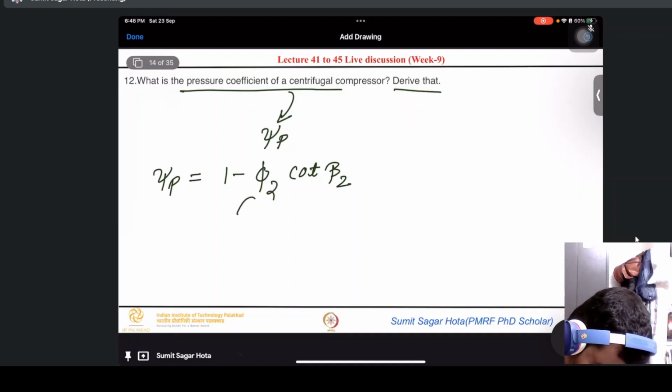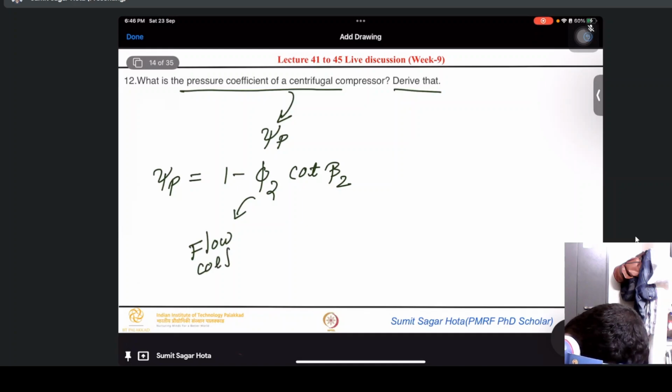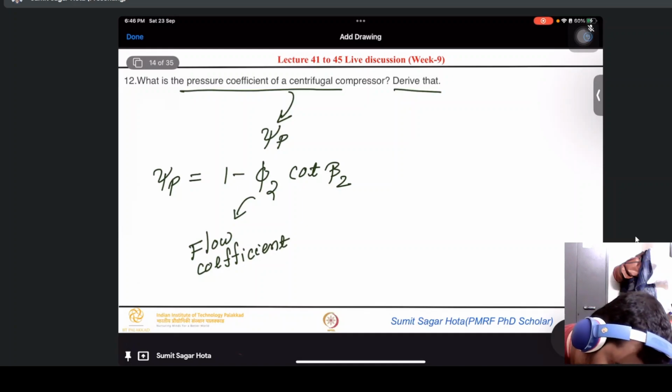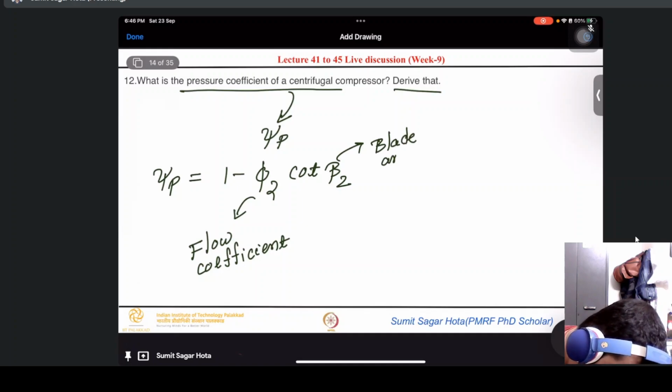And what is phi 2? Flow coefficient. And what is beta 2? Blade angle at outlet.